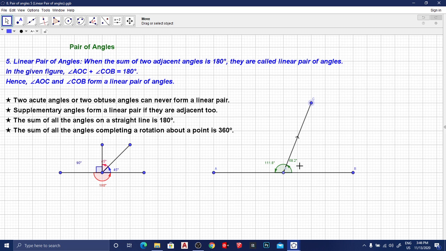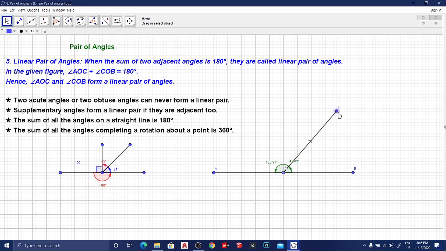These two are also a linear pair because these two angles are adjacent to each other and the sum of these two angles is 180 degrees. So these two properties should be followed for the given two angles to be a linear pair.